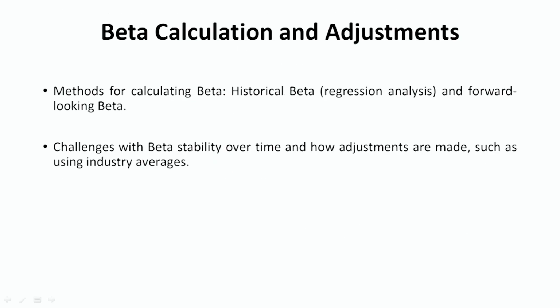Beta calculation and adjustment. Now we have already seen in the formula how beta is calculated. It is done by regression analysis. The historical beta is used through regression analysis, and it talks about how we make adjustments over a period of time based upon various factors as well as the industry average.